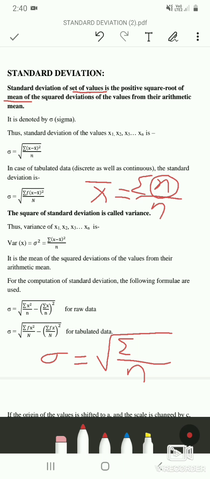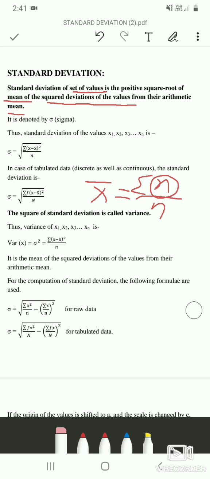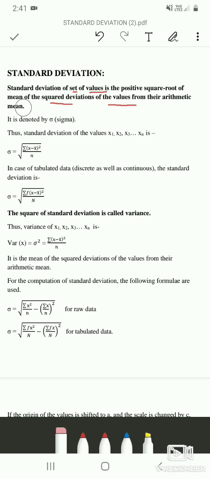So standard deviation is the positive square root of the mean of the squared deviations of values from their arithmetic mean. This is nothing but your standard deviation, and it is denoted by sigma.